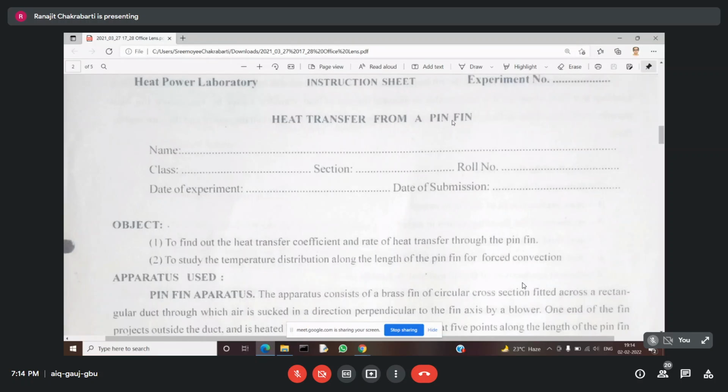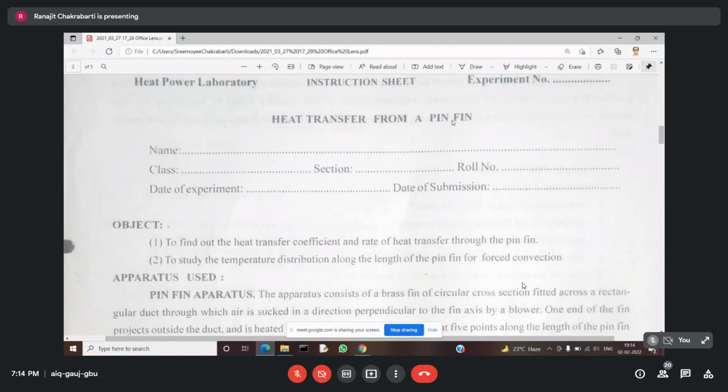Now to start, fins are projected surfaces. What is a projected surface? Suppose we have a flat surface, and surrounding it there is a fluid. We have to transmit heat.